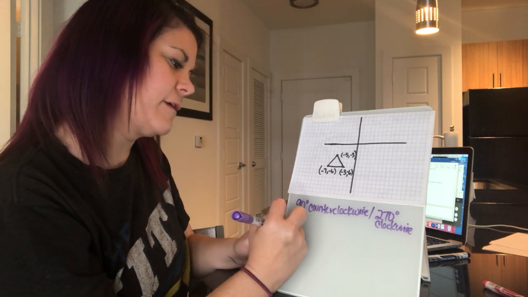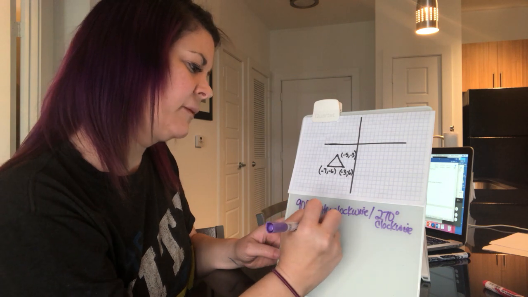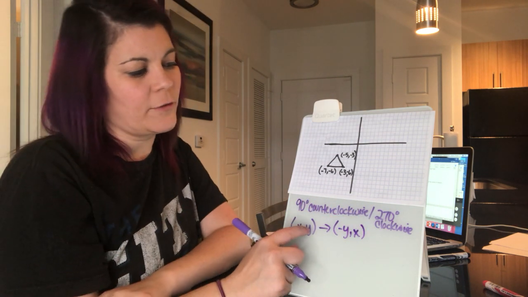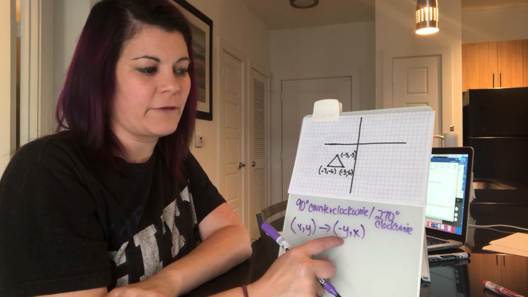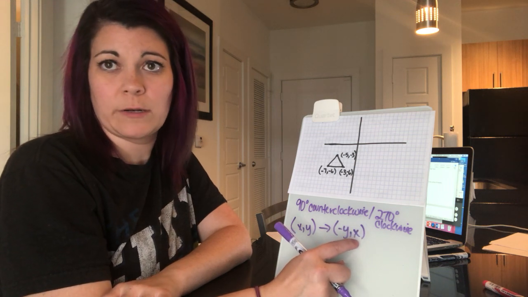So the rule for this is (x, y) becomes (-y, x), which means the opposite of the y value becomes the first coordinate, and then the x coordinate just becomes the second coordinate.